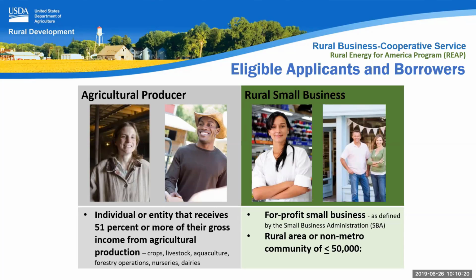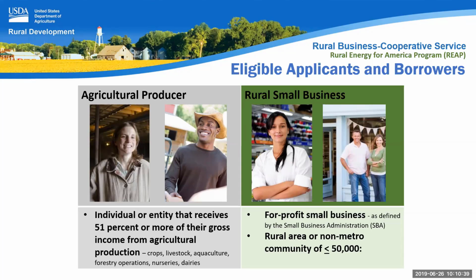The second type of eligible REAP applicant would be a rural small business. And if you're applying as a rural small business, you actually have to meet two definitions. The first one is that you are a for-profit small business. So we define that using SBA size standards.